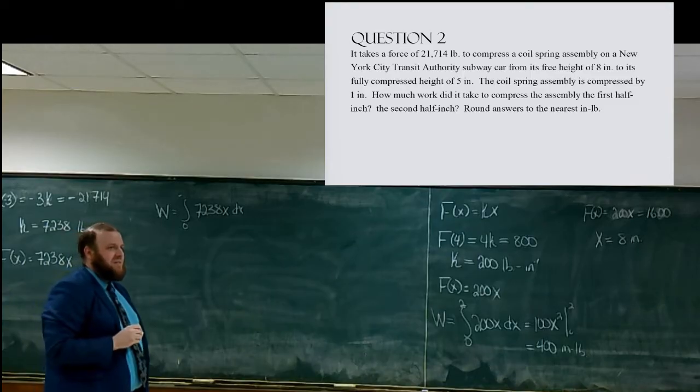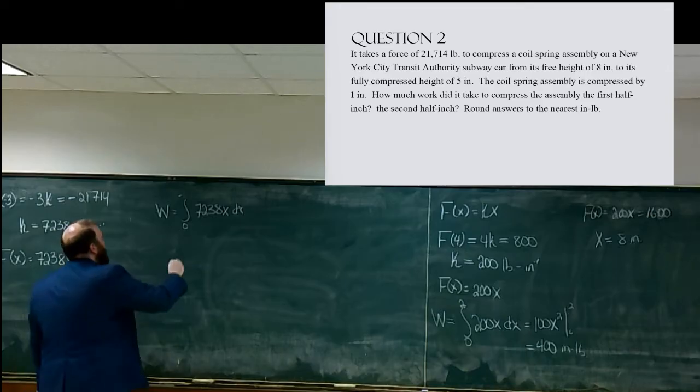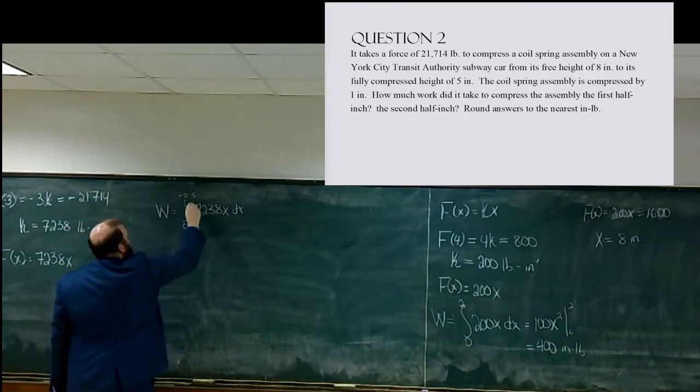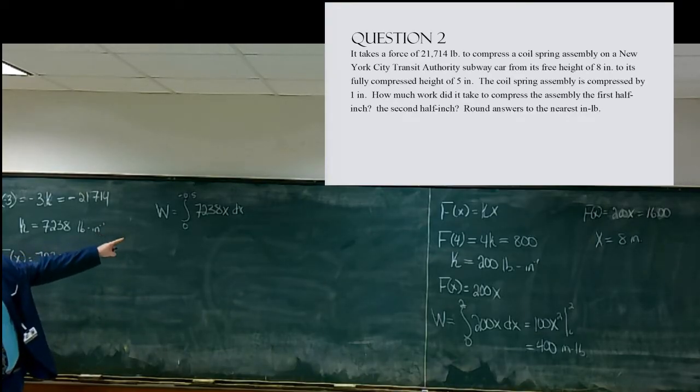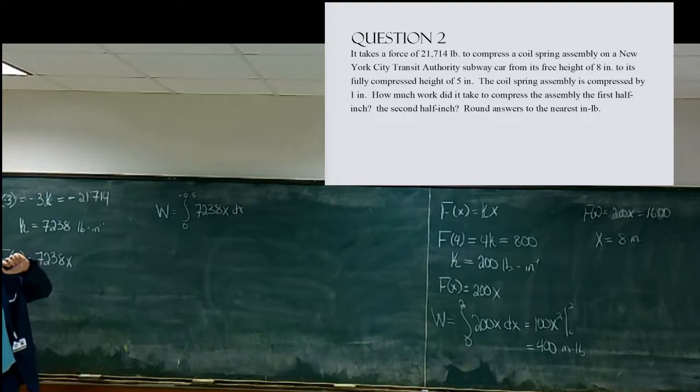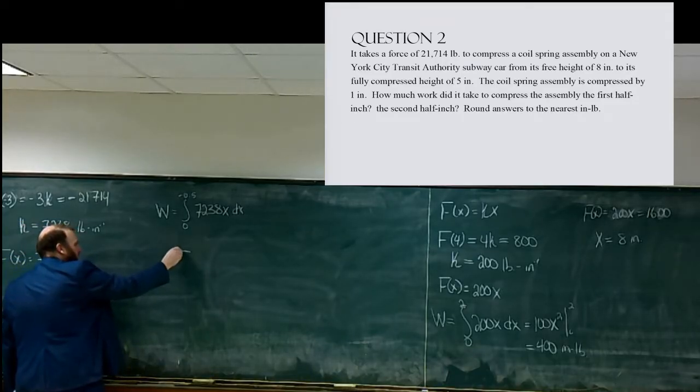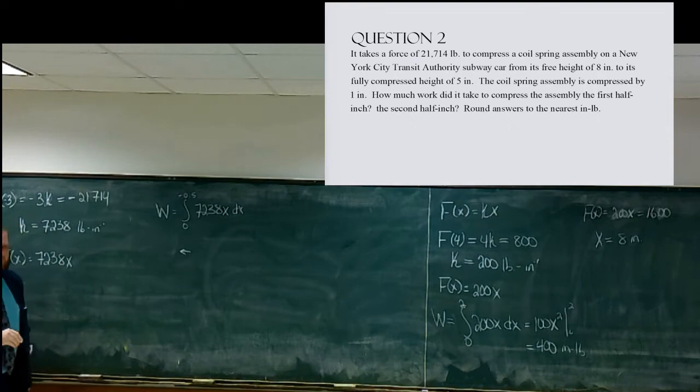For the first half inch, is it negative half? Negative 0.5. Remember, for integration, no one said your lower limit had to be smaller. All this means is we're going from 0 to minus 0.5. We're moving in the negative direction.